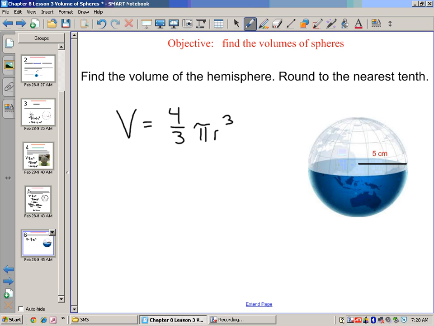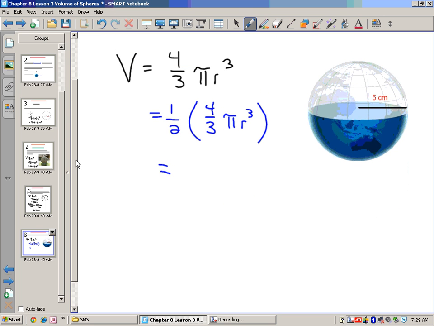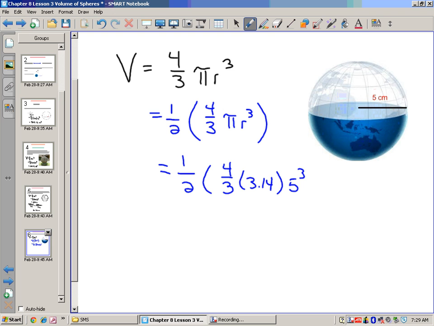So what we're going to do is put in 1/2 of 4/3 pi r cubed, and solve from there. Because we're only taking half of what the whole sphere is, the hemisphere. So we have 1/2 times 4/3 times our pi, 3.14, times our radius, 5 cubed.